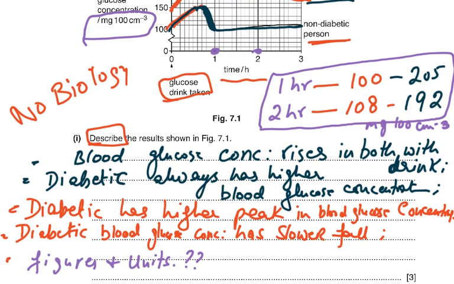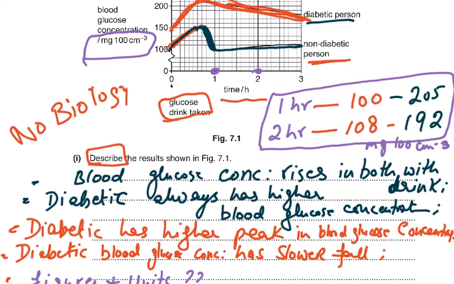And then, of course, we come on to figures and units. This is the important thing I want to talk about. You have to take 2 points on the x-axis. So I took 1 hour and 2 hours, and I've written down the points. The non-diabetic person was 100 at 1 hour, and at 2 hours it was 108.